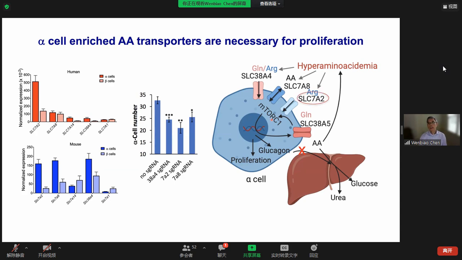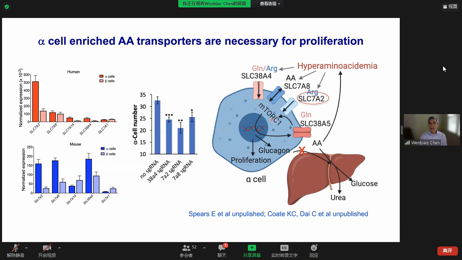We have also now confirmed in mice that SLC7A2 is necessary for alpha cell proliferation, both in glucagon receptor knockout animals and also in antibody-induced alpha cell hyperplasia. And that work is in preparation.